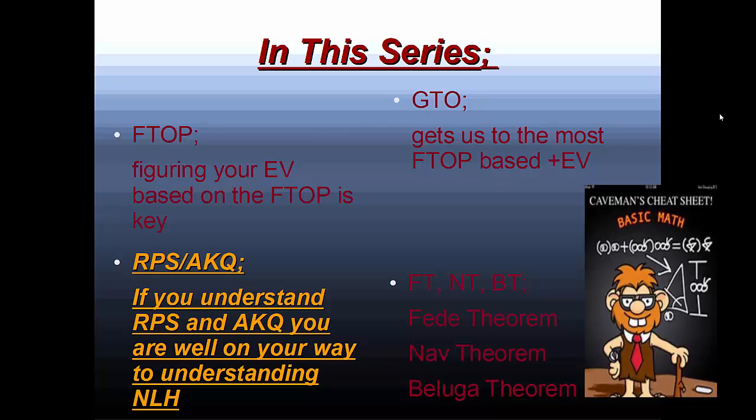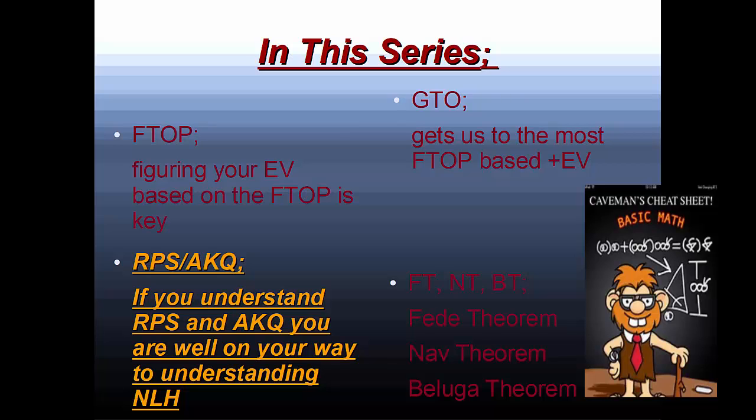Little theorems, little rules of thumb, like opponent mistake propensity and relative hand value, so OMP and RHV, for constructing lines, the FTOP as the microcosmic view of the game of NLH, or GTO as the macroscopic view.